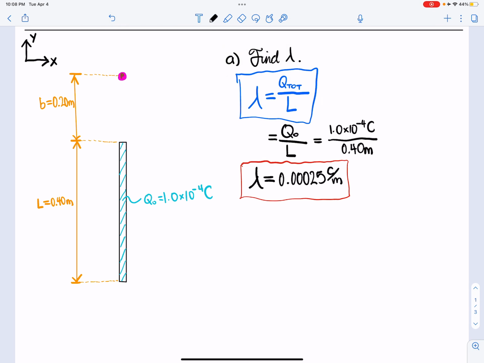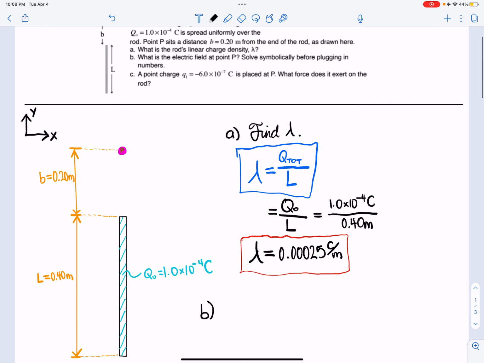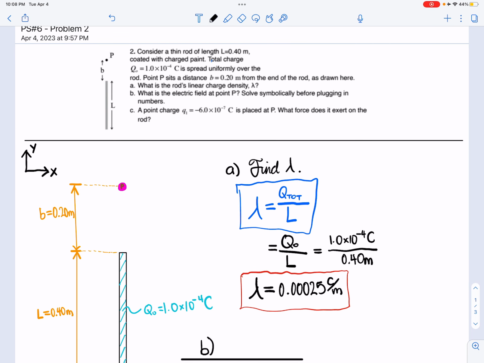So moving on, let's go to part B. Part B, what is the electric field at point P? Solve symbolically before plugging in the numbers.